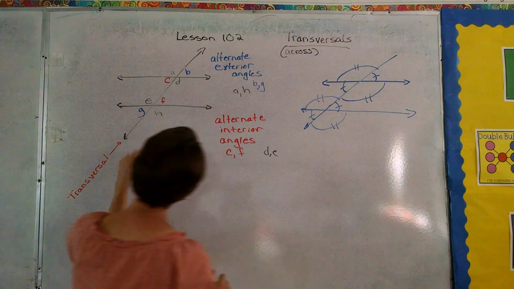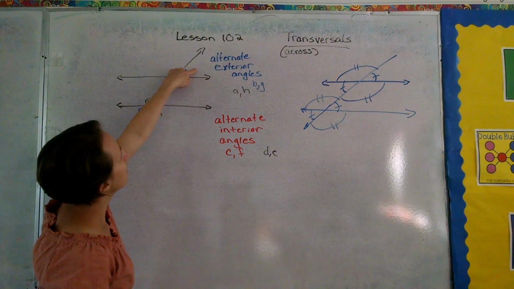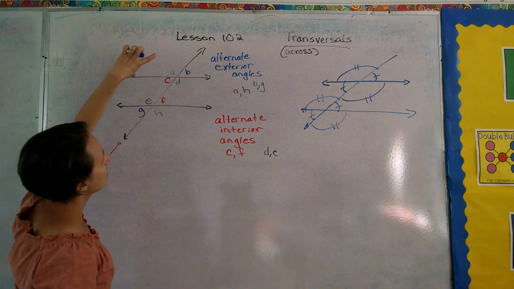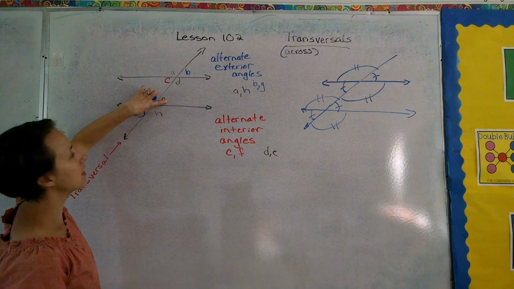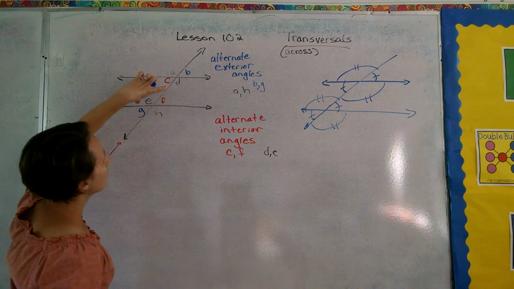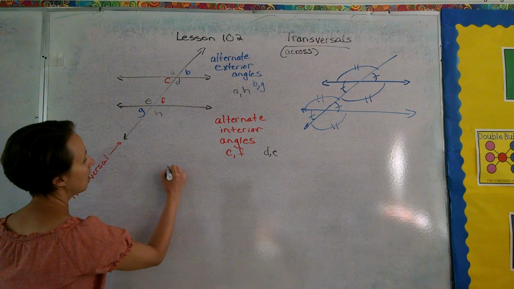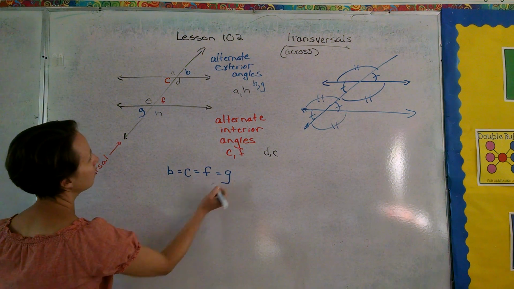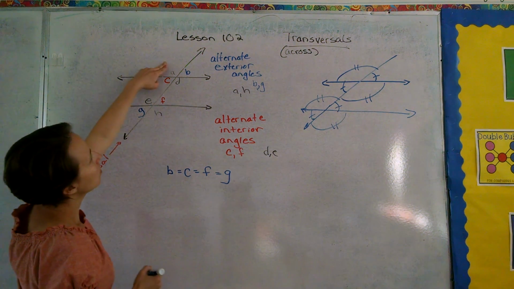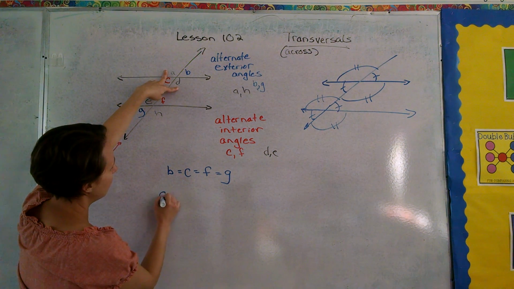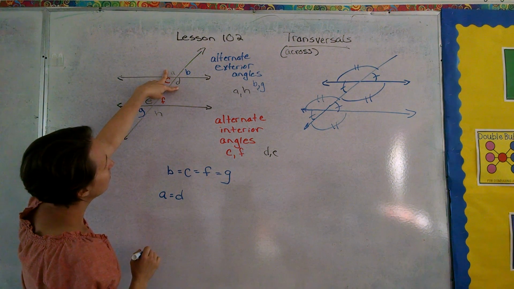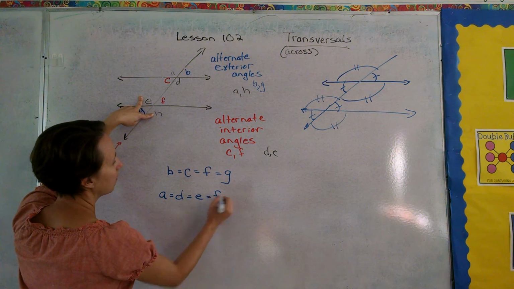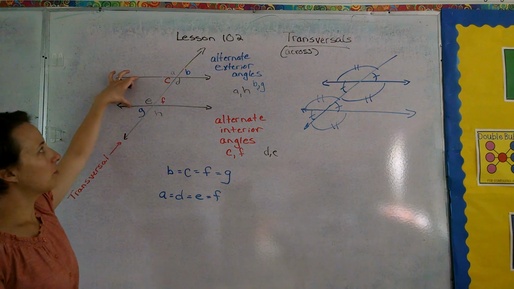If I look over here at this picture, I know that B is going to be the same size as C. They're vertical angles. And I know that F and G are going to be the same size. And all four of those are going to be the same sized angles. B is going to be the same as C, the same as F, the same as G. I also know that A and D are going to be the same size, and those are going to be the same size as E and F. A note, this only works if we have parallel lines.